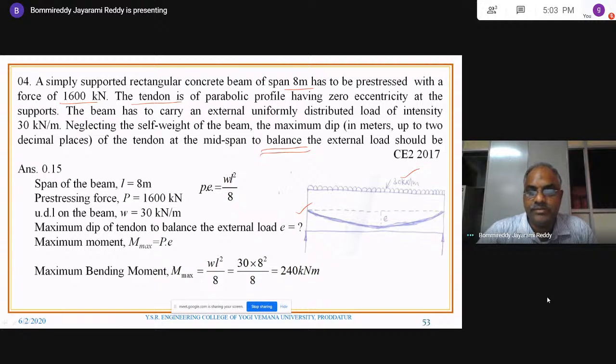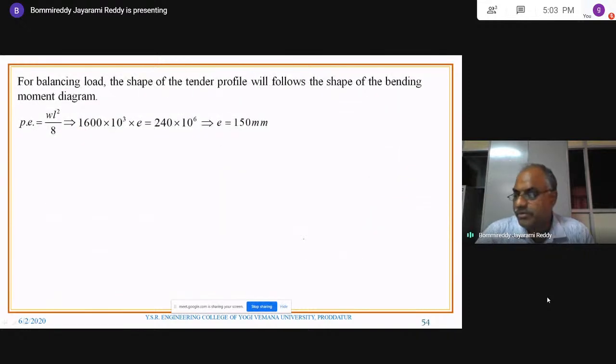To balance, what is the equation? Effective pre-stressing force P into E equals WL square by 8, and accordingly you get the required value.